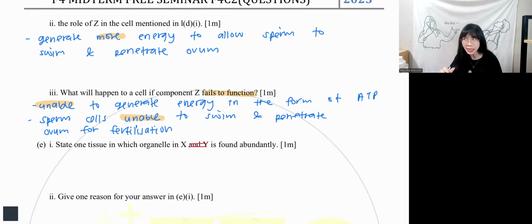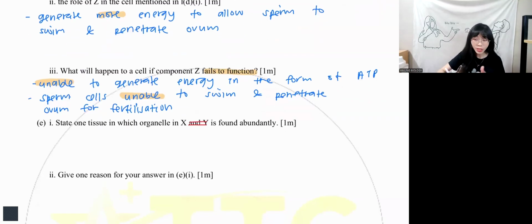So X, since this is a Golgi apparatus, which cell has a lot of Golgi apparatus? Correct, your pancreatic tissue. Because it's tissue, right? You're going to write pancreatic tissue. Pancreas is organ. So this is pancreatic tissue.